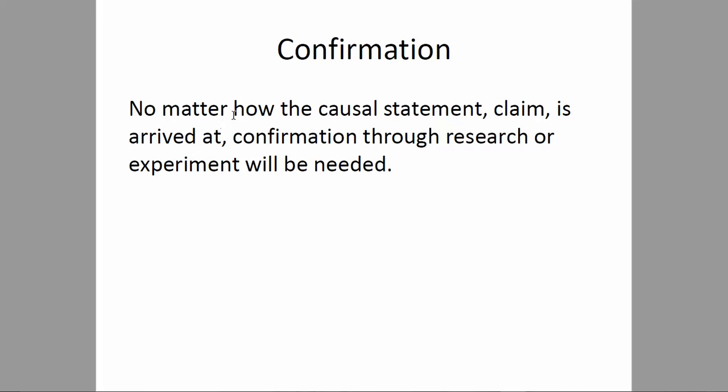All right? No matter how the causal statement is arrived at, confirmation through research or experiment will be needed, right? So no matter what it is, we can't just say, oh, one happened, then the other happened, I'm done. No, you need to research that. Okay, so that's coming up with your causal statement.